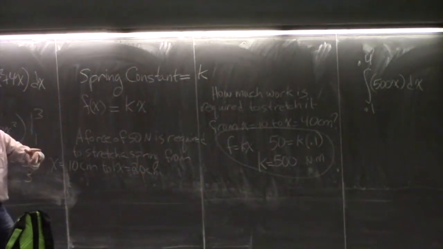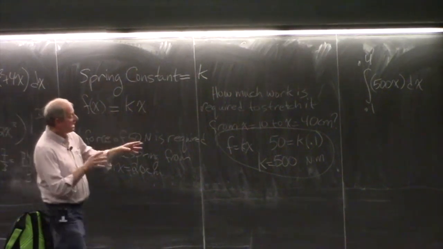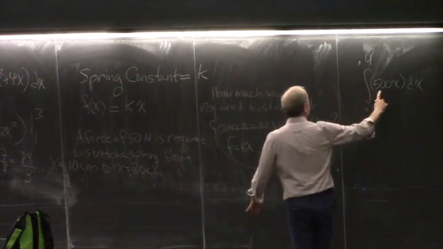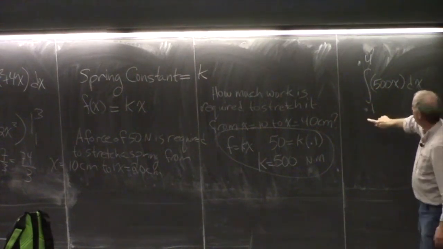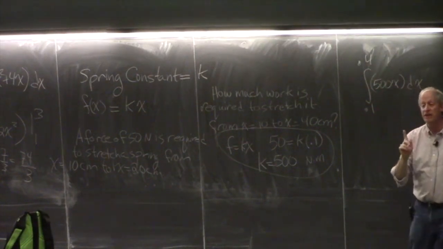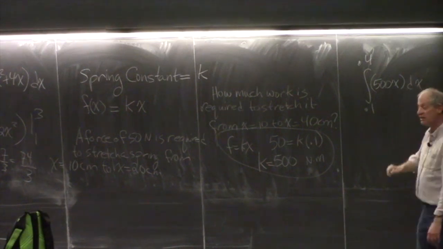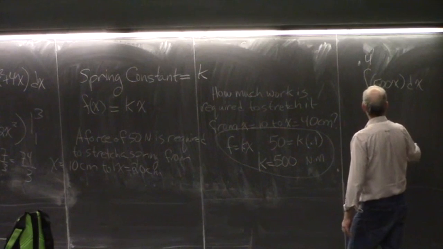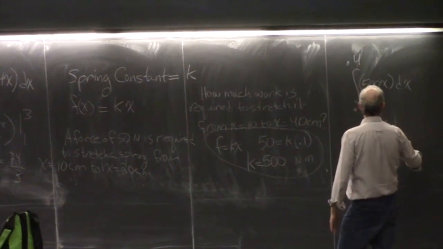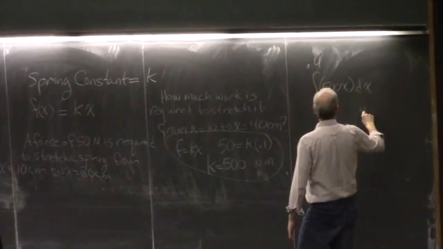So now I know what k is, so I know what F is. The force is kx, so the force is 500x. And then the work is the integral from 0.1 to 0.4, because it's in meters, of 500x dx. So this is 250x squared from 0.1 to 0.4.